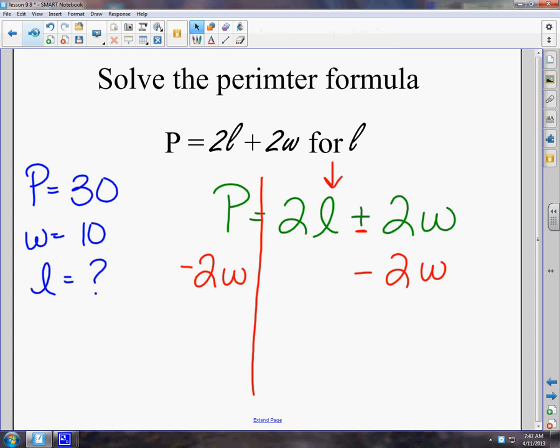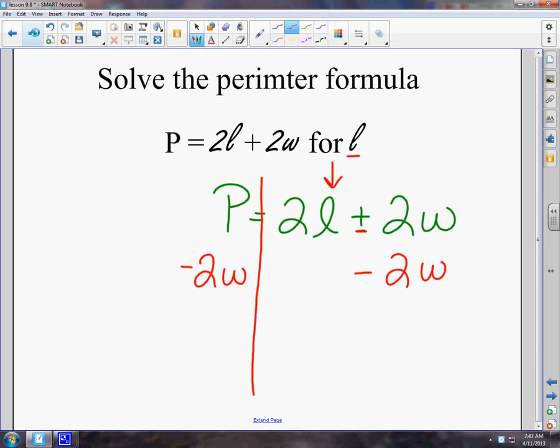Now, you're probably asking, why did she subtract 2W from both sides? Well, if I want to get L by itself, that's what they asked for, just L, I have to get rid of this whole piece. It needs to be gone. So that's why instead of adding 2W, I subtracted 2W, because then it gets rid of it from this side of the equation.